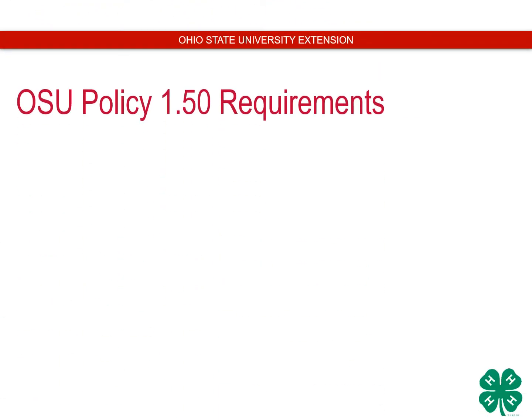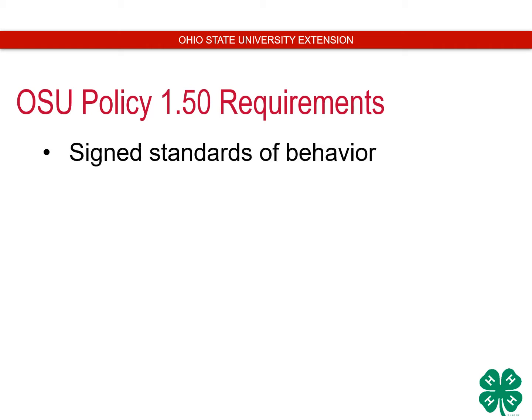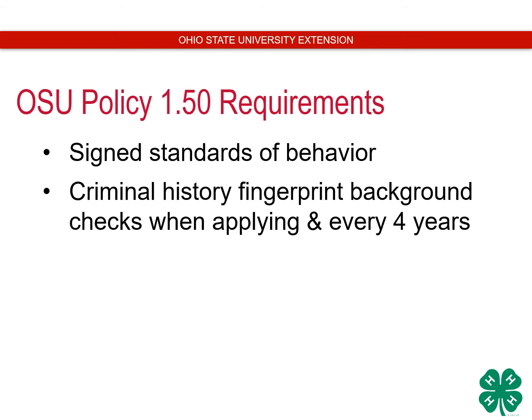The Ohio State University Policy 1.50 requirements include: you have assigned standards of behavior. You signed that when you turned in your application packet. That was one of the forms that you signed. You also submitted to a criminal history fingerprint background check when you applied, and then hereafter, every 4 years, you will resubmit a fingerprint background check.